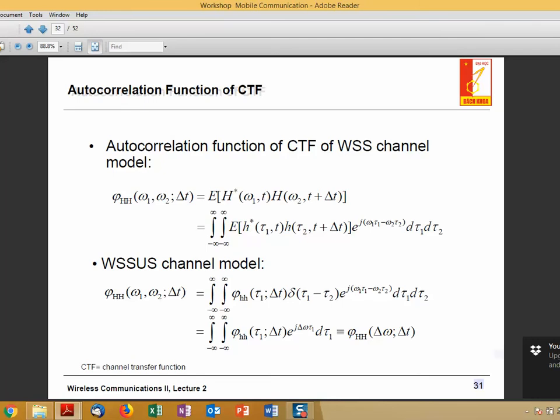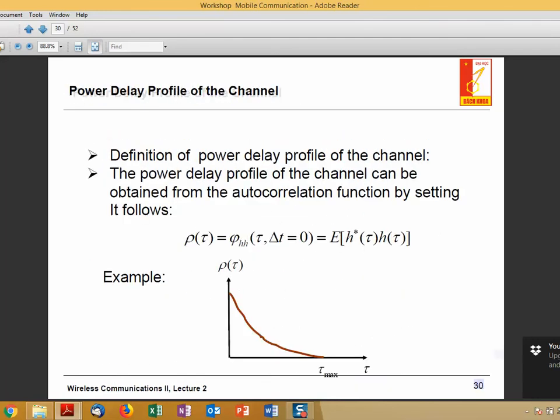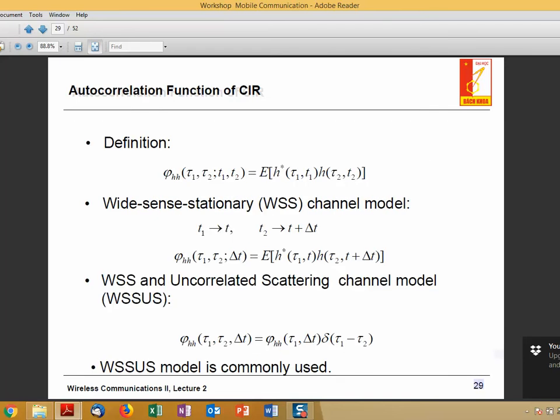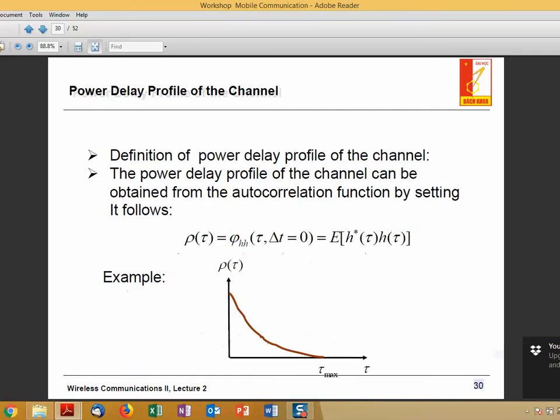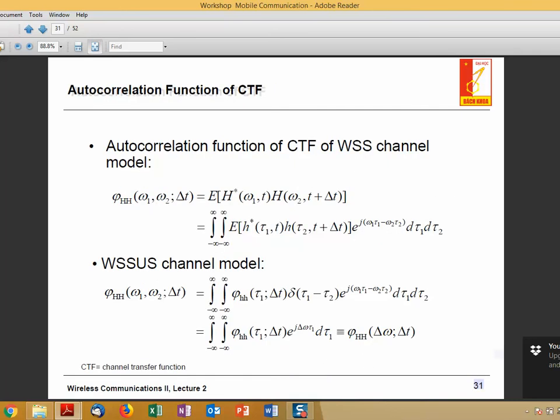Now I have introduced to you the correlation function of the channel impulse response. Now we go to the autocorrelation function of the channel transfer function.